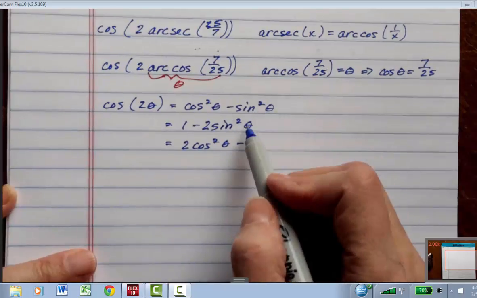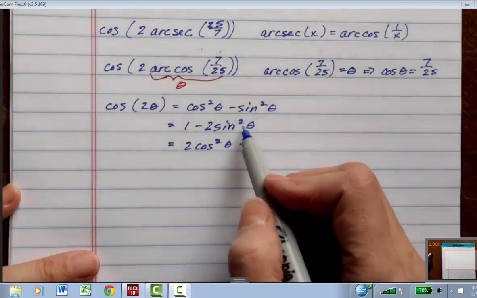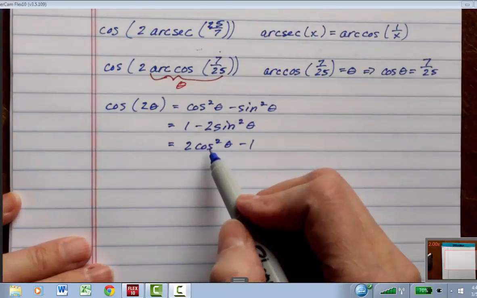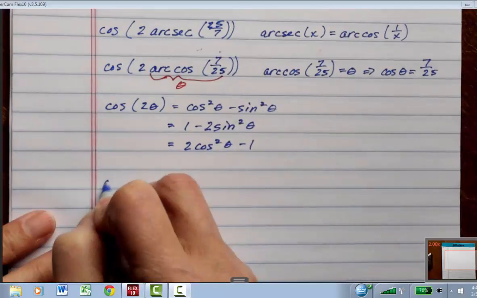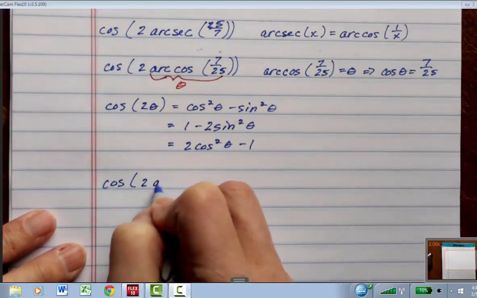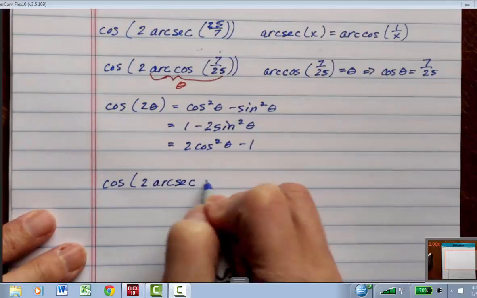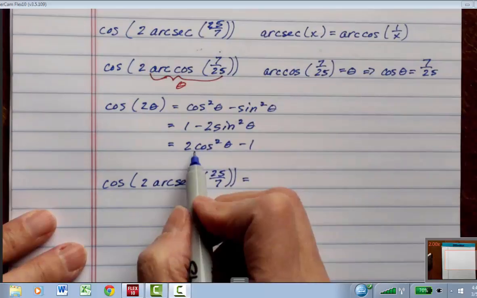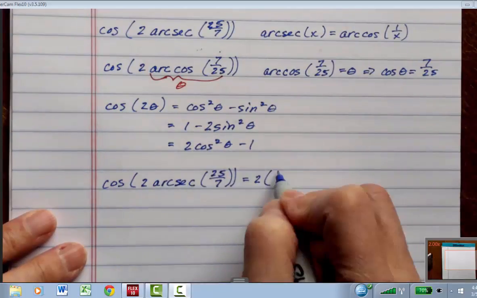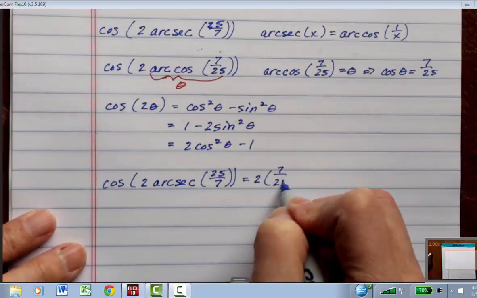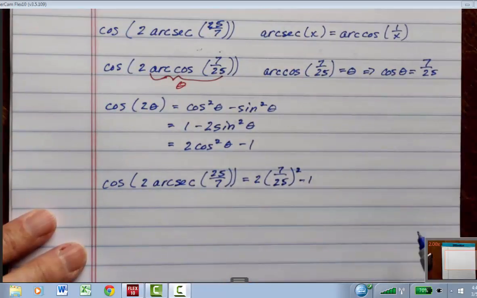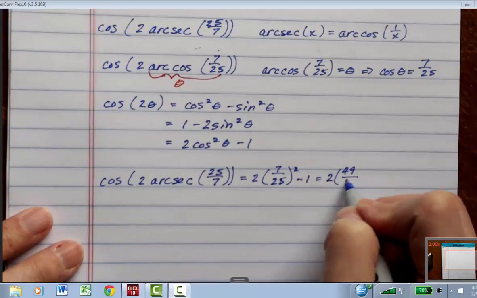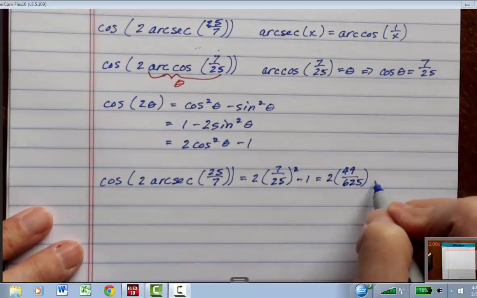So using the third identity, the cosine of 2 arcsecant of 25/7 is equal to 2 times cosine squared theta minus 1, which gives me 2 times 49 over 625 minus 1, which gives me 98 over 625.